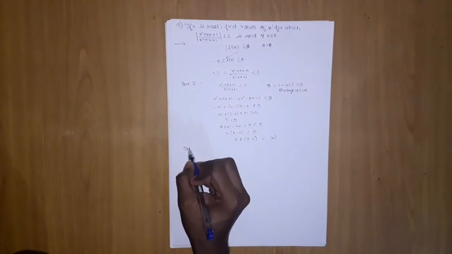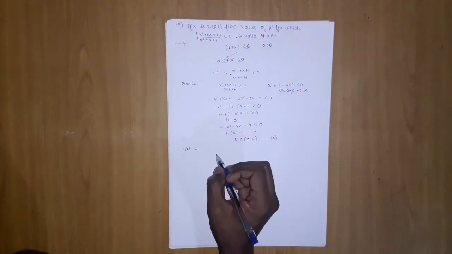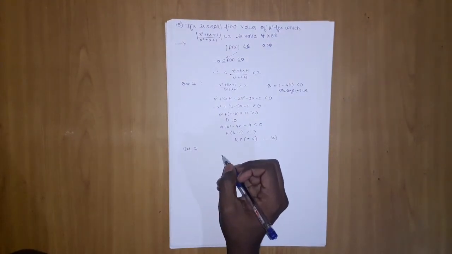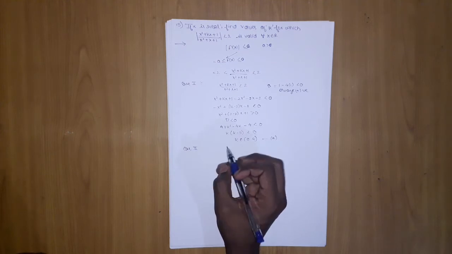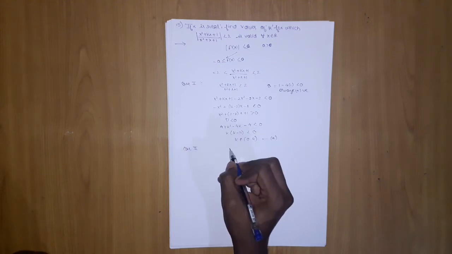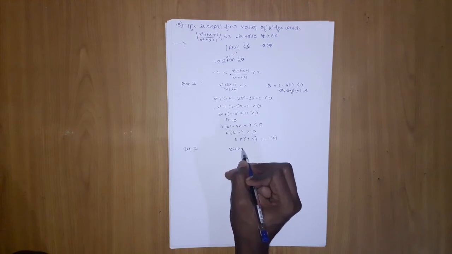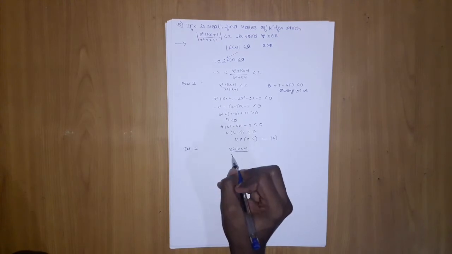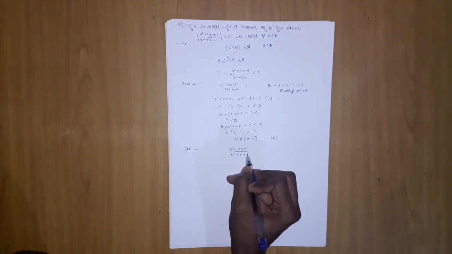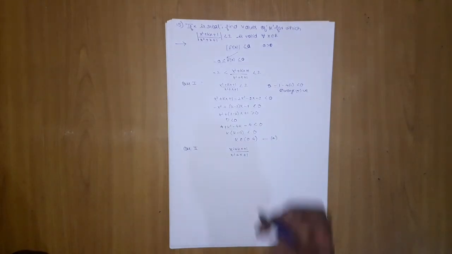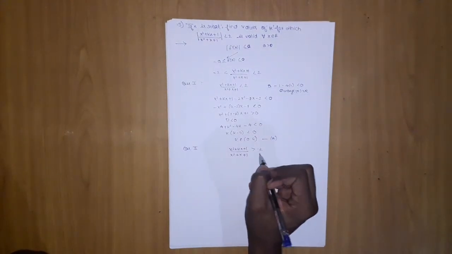Now take case 2, which will be like this: (x square plus kx plus 1) upon (x square plus x plus 1) is greater than minus 2.